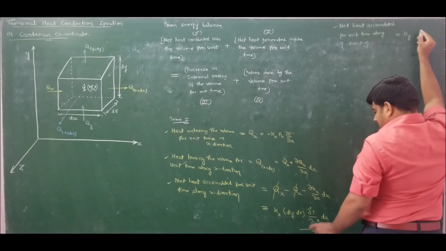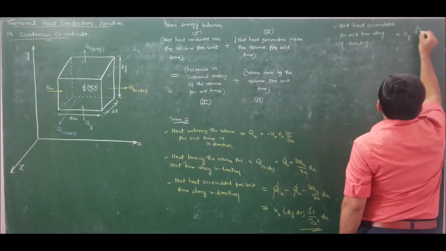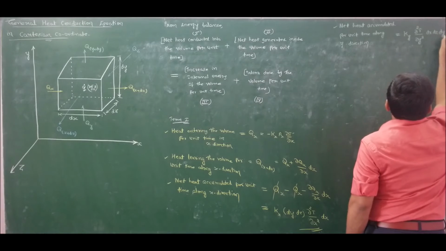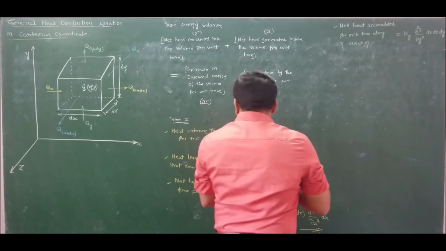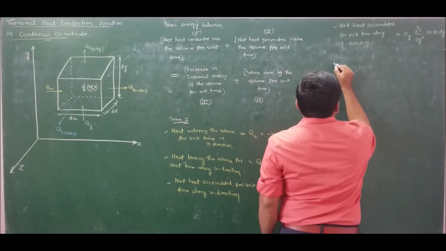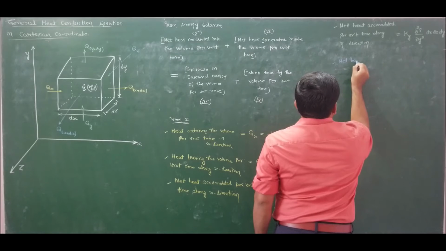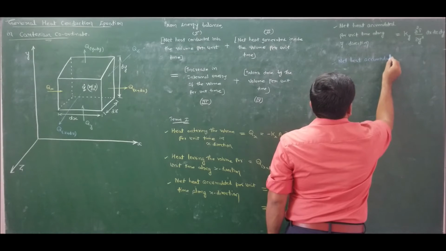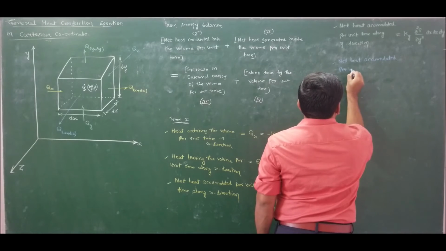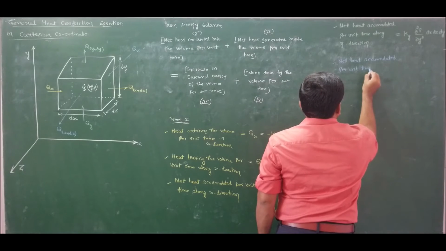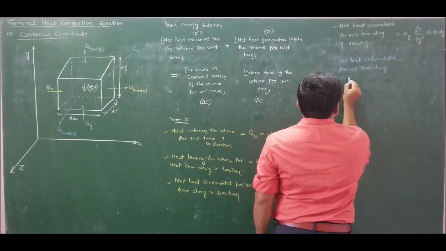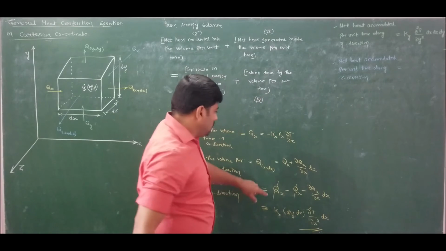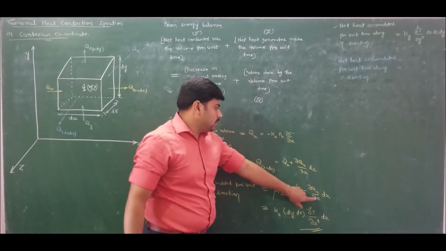It is dx dz times ∂²T/∂y² dx dz dy. Now if I write the net heat accumulated per unit time along z direction, it will become qz minus ∂qz/∂z dz.